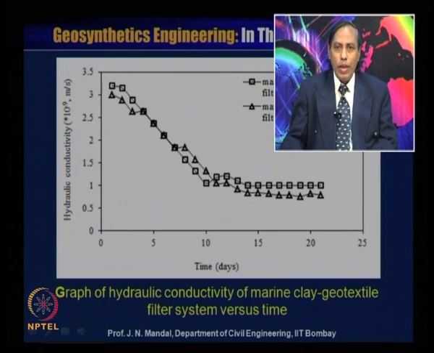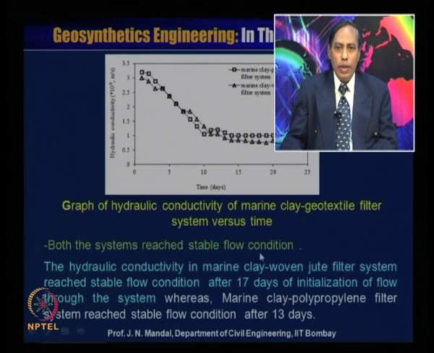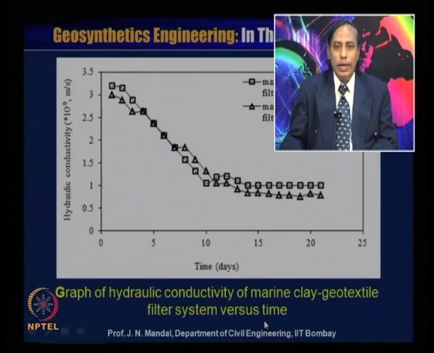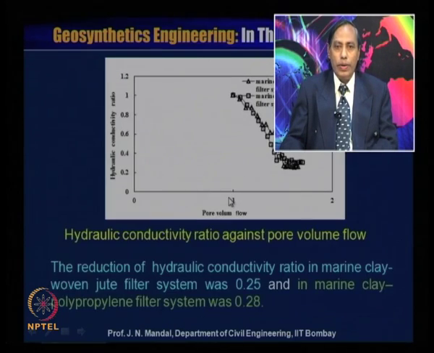But in the case of the marine clay polypropylene filter system, it reaches stable flow condition after 13 days. You can see here that after 13 days it is in stable condition. So it depends upon the type of material you are using, what type of soil, and after how many days it is stabilized.